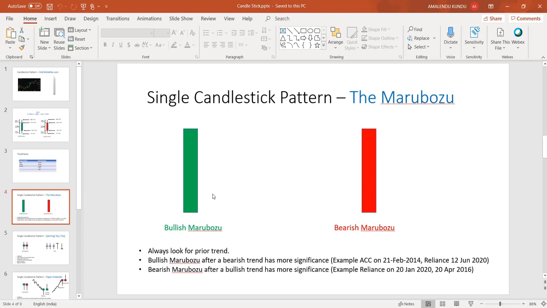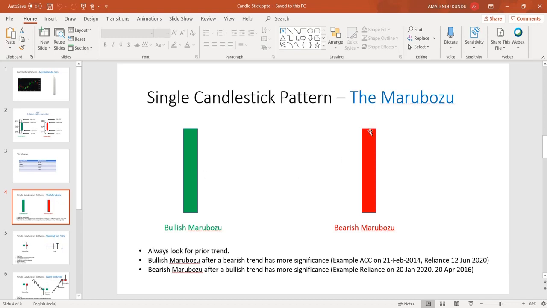So what is the psychology behind this candlestick? You see the price going up, and buyers are jumping in to buy at the higher price. The demand of the stock is very, very high because the price is going up and still the buyers are jumping in at this higher price. So something very good is happening with this stock.